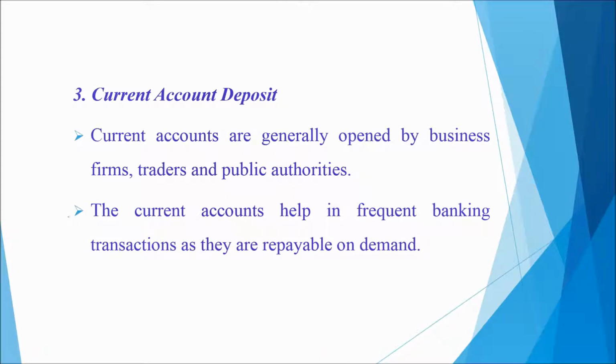Third one is current account deposit. Current accounts are generally opened by business firms, traders, and public authorities. The current accounts help in frequent banking transactions as they are repayable on demand.